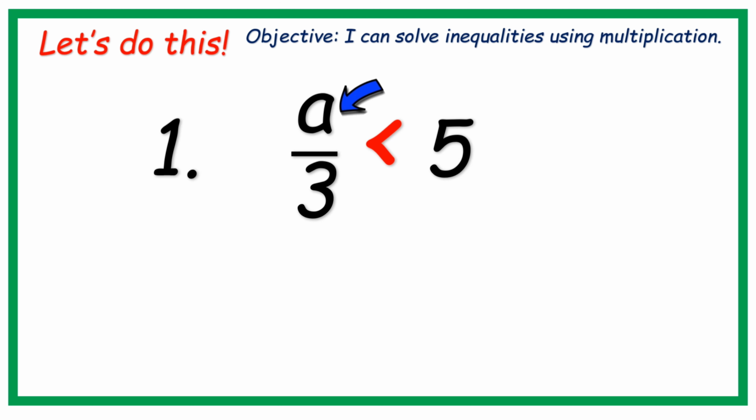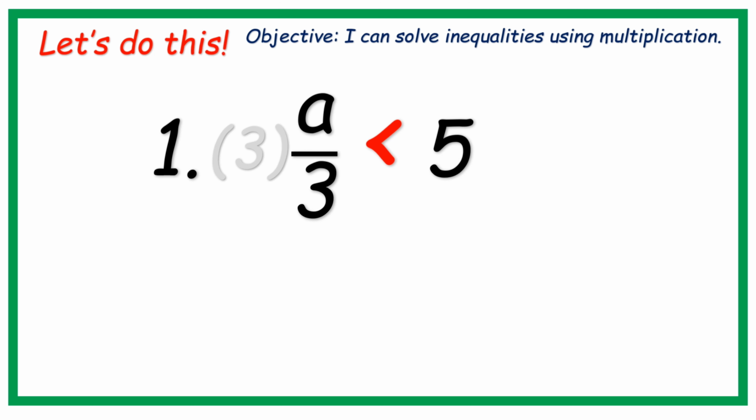How are we going to solve this? We are going to isolate first the variable, and in this case, it is variable a, by removing any number near, over, or under it. In this case, it's 3. So, we are going to multiply by 3.